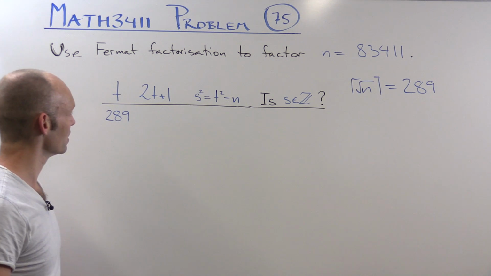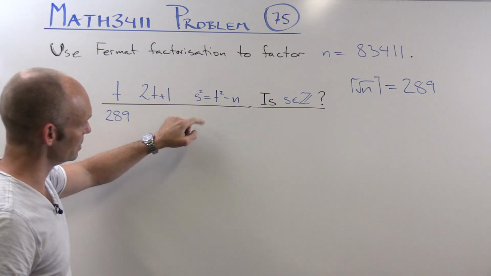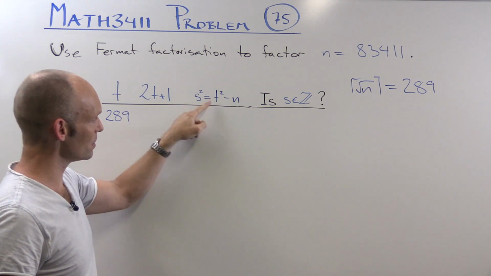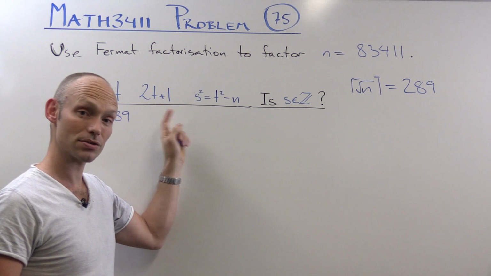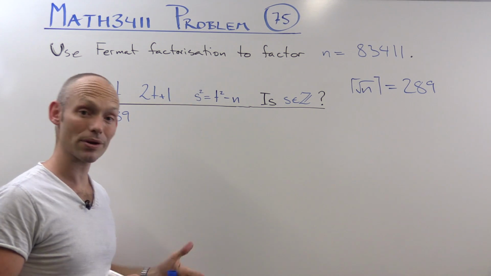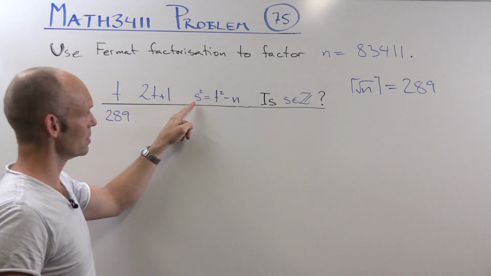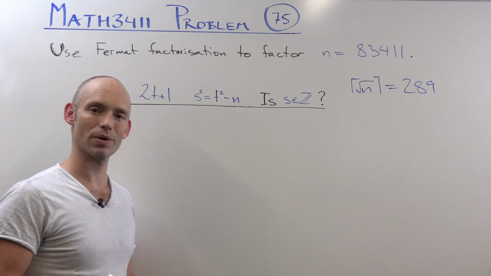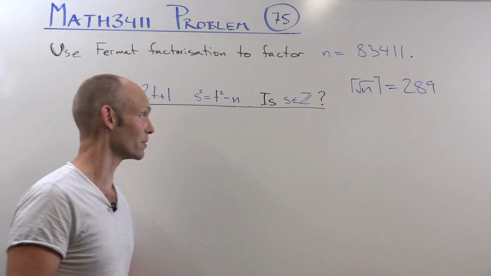Now we want to calculate s squared, which is going to be equal to t squared minus n. These s squared numbers are not necessarily square integer numbers, they're just real numbers, but we hope to find at least one of these numbers that we generate to be a square integer number, and then we can factorise, as I said before.